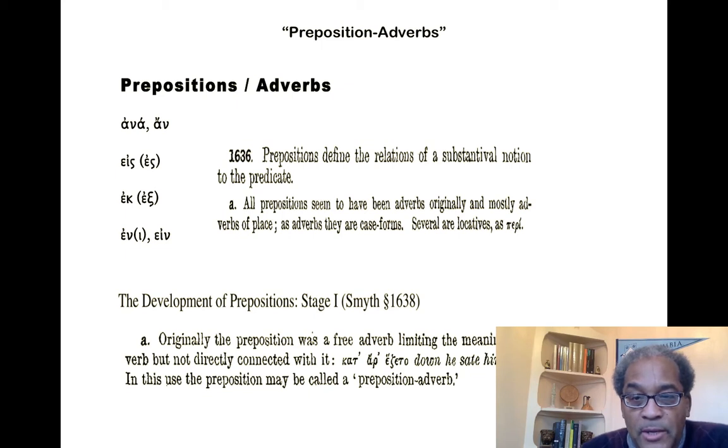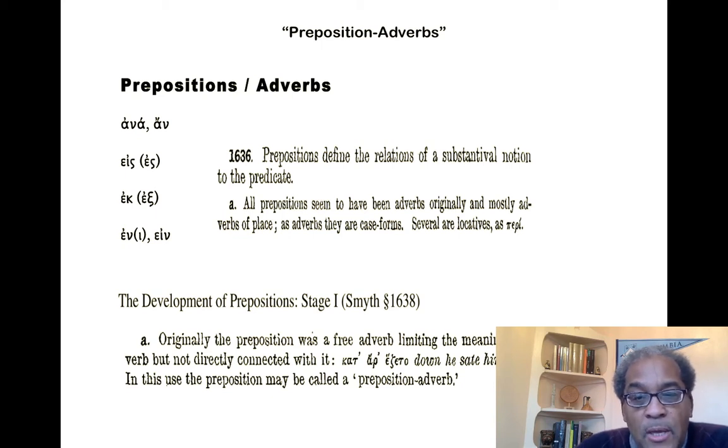As adverbs, they are case forms. Several are locatives, as peri, which means around. And Smyth runs through the development. He has a nice presentation of the historical development of prepositions, and that begins with stage 1 at section 1638.